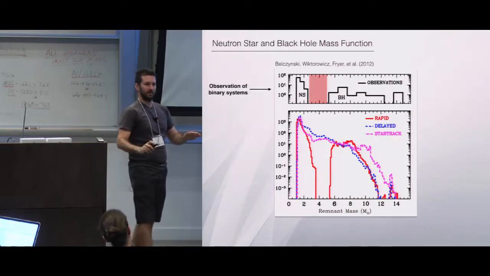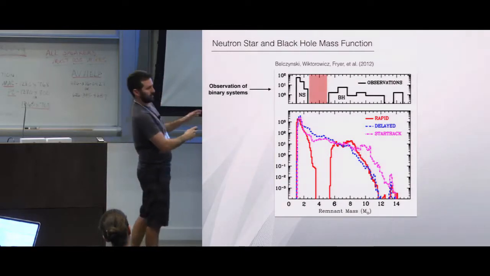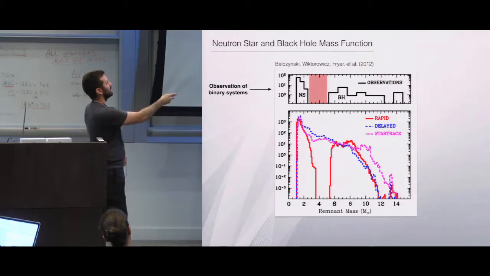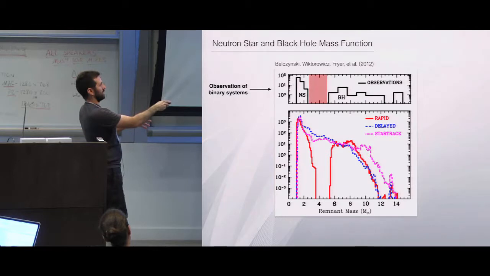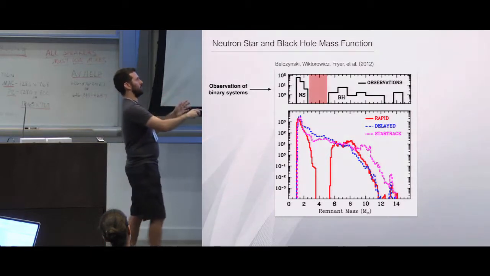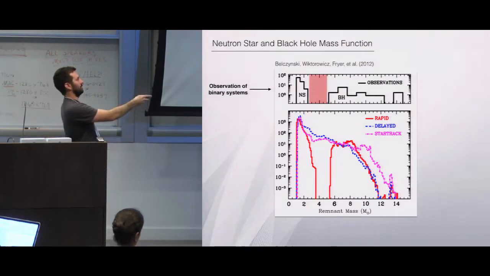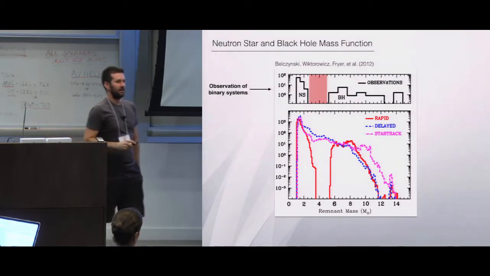I don't know exactly the theoretical reason why this is a thing, but I know it was motivated by this. And these lines, blue and pink, are alternative models that are not respecting the gap. Depending on your assumption regarding the initial to final mass, you have either this gap or not.